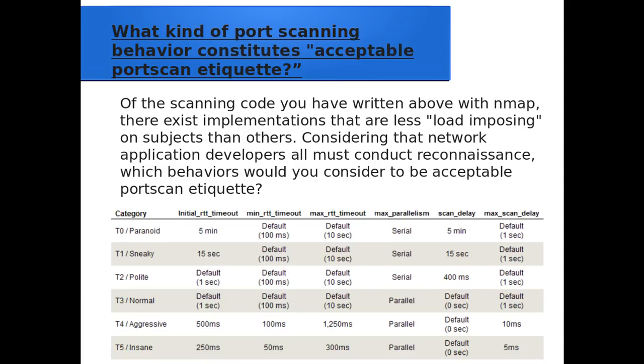The second question says, what kind of port scanning behavior constitutes an acceptable port scan etiquette? Of the scanning code that you have written above with Nmap, there are implementations that are less load imposing on subjects than others. Considering that a network application developer must conduct reconnaissance, which behaviors would you consider to be acceptable port scan etiquette?